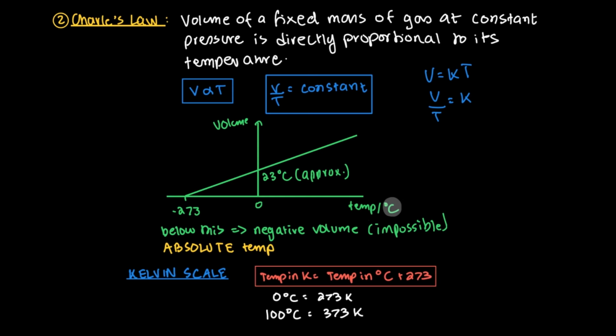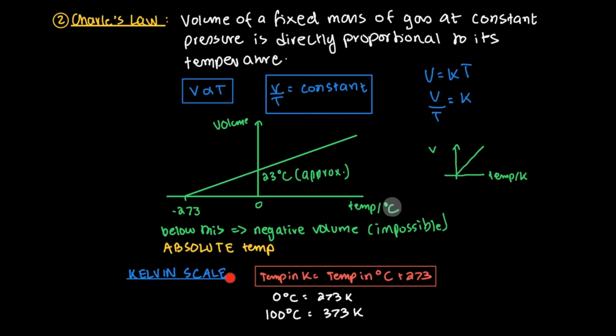So to solve this problem, scientists invented a new scale by the name of the Kelvin scale. If you made a diagram for the Kelvin scale, with temperature in Kelvin on the x-axis and volume on the y-axis, it would be a straight line passing directly through the origin. So you would not have the negative volume effect if you extend this graph.